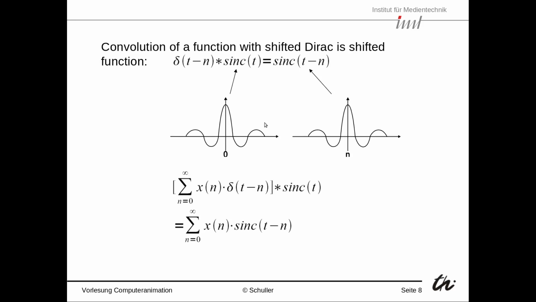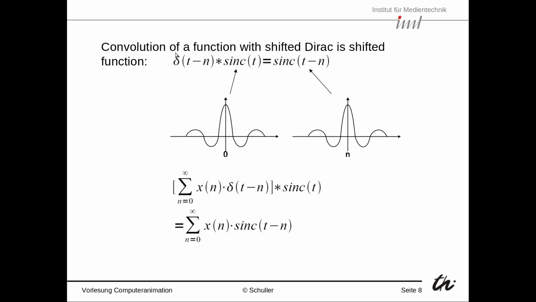Yeah, so then to simplify this expression, with this convolution expression that we just saw, here we have the sum of x times the shifted Diracs, and then we convolve it with a Sinc. Then we can take a look at this second part here: Dirac convolved with Sinc. Right, here we can see it.